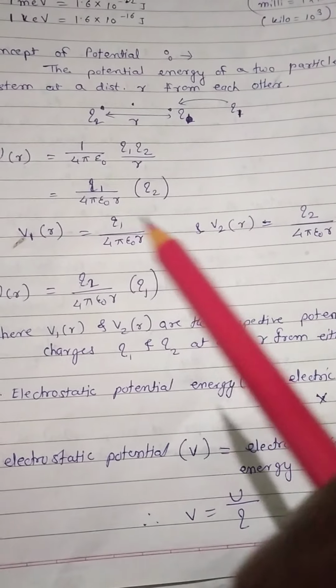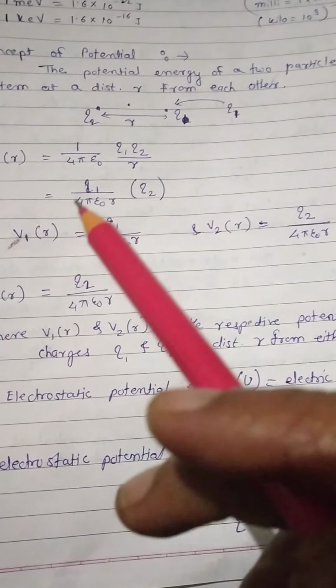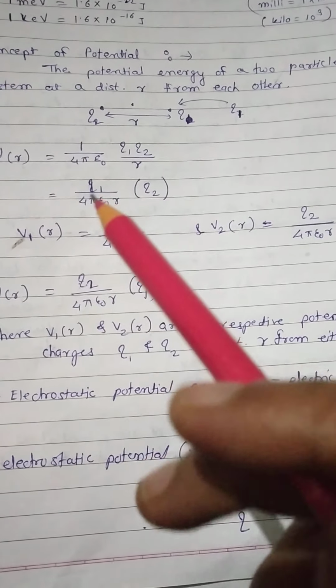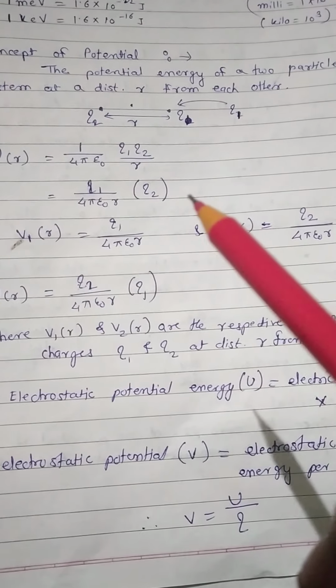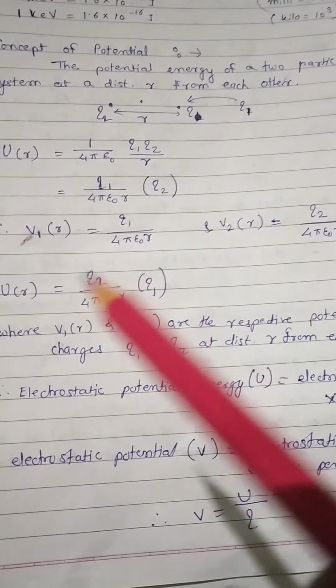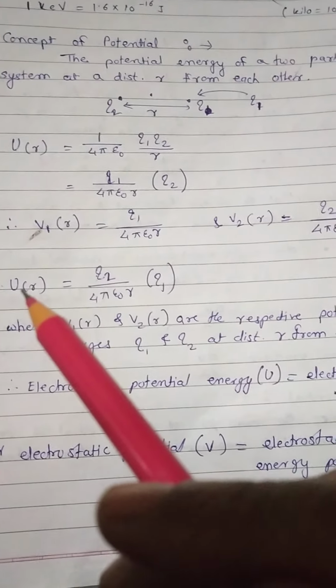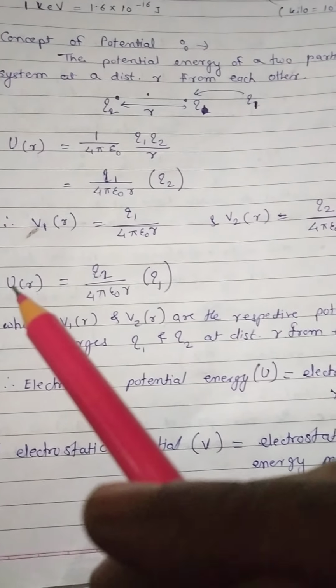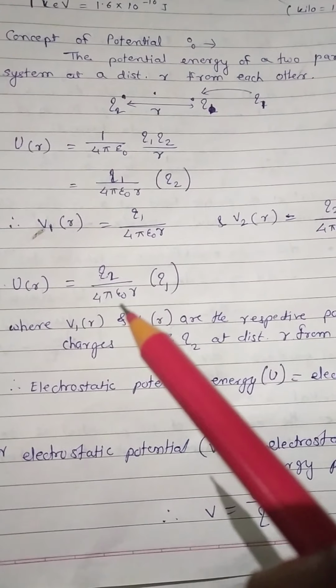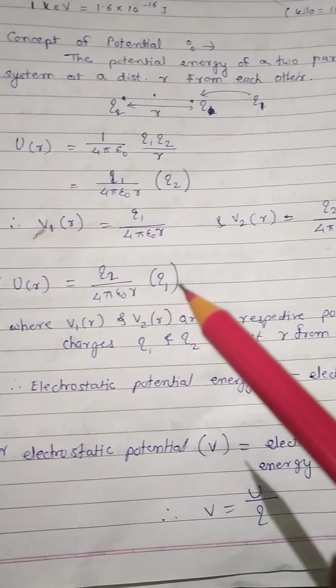So we see this difference because of the potential due to the charge Q2 and the potential due to the charge Q1. Therefore U(R) is equal to Q2 upon 4 pi epsilon naught R into Q1.